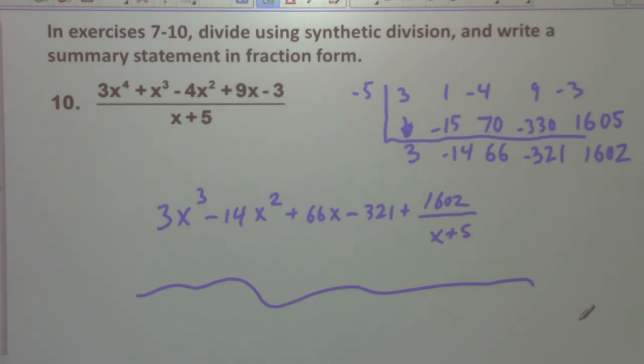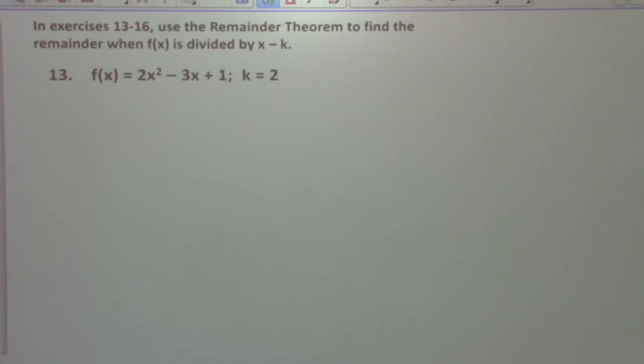I'm going to go ahead and do the first problem just to show you what that looks like, and then continue to call people here. Okay, if we divide by x minus k, this will tell us what we would get if we divide 2x squared minus 3x plus 1 by x minus 2, where k is 2.